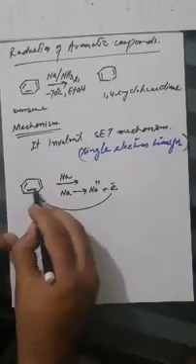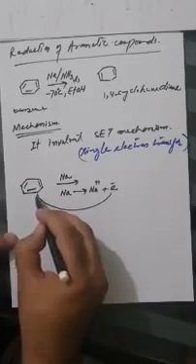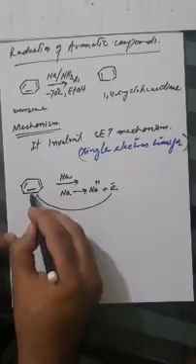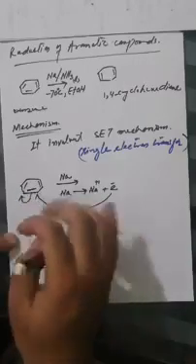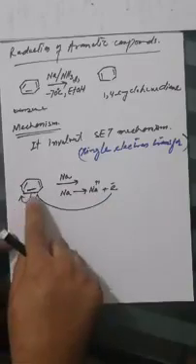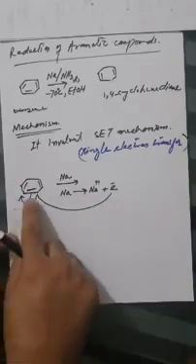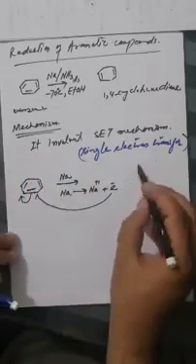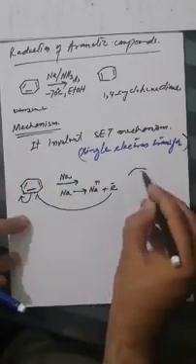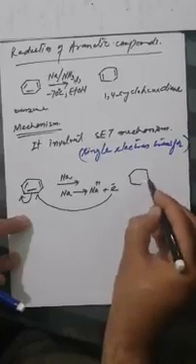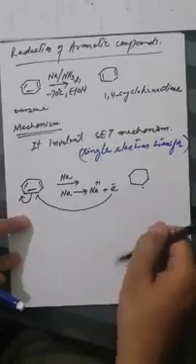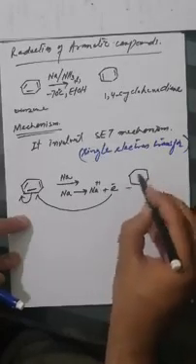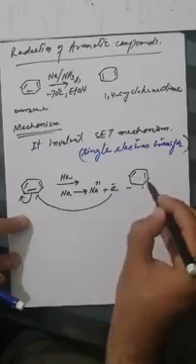When the electron attacks at this carbon, this double bond may delocalize over the entire ring. So what you get is this single electron here, negative charge here, and this.